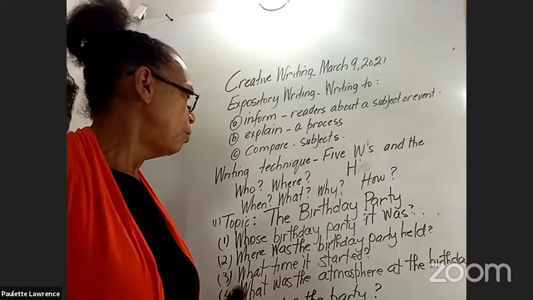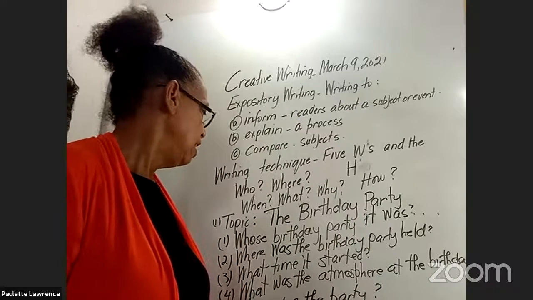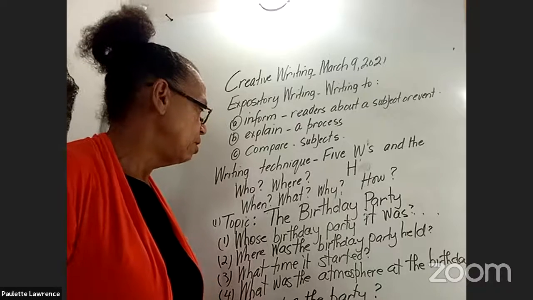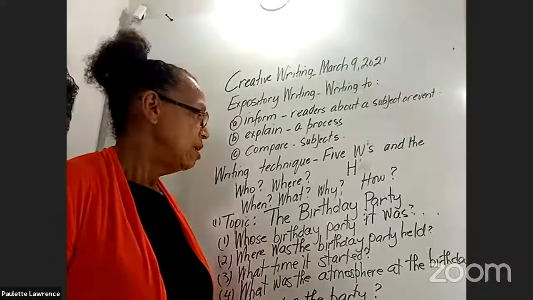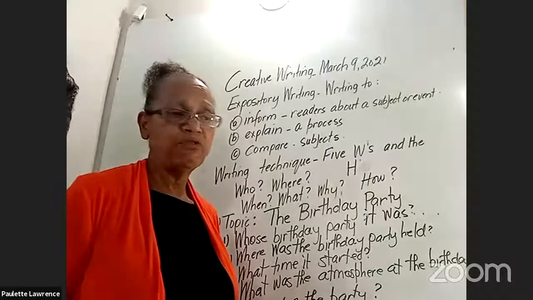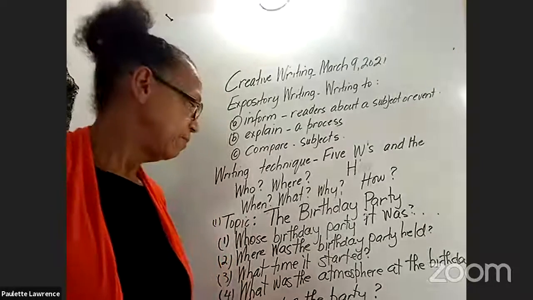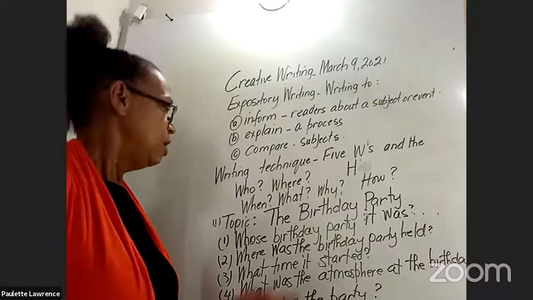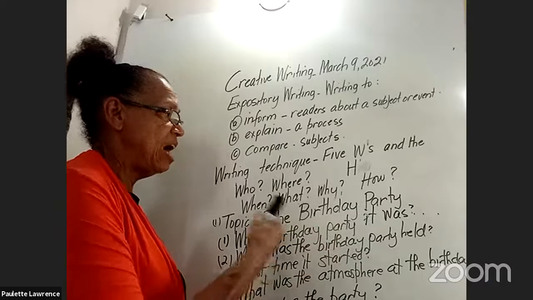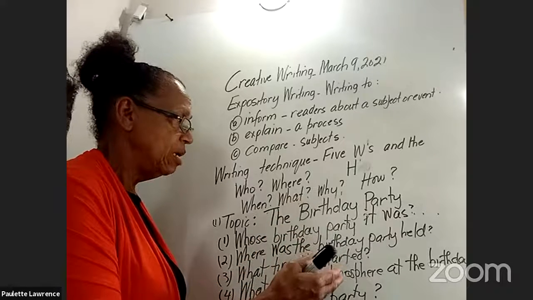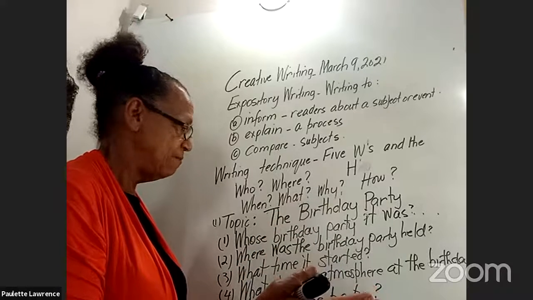All right, so we could probably start with the party. It was on the 10th of December, 2020, when Jonathan, my best friend, had a birthday party. It was held at his parents' house at 5 Lincoln Road, Kingston 5.